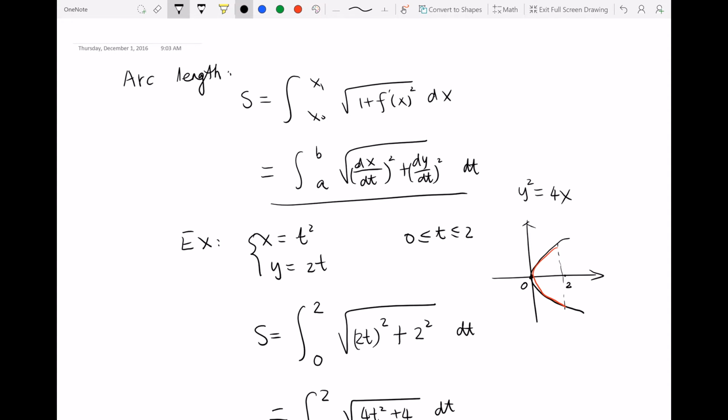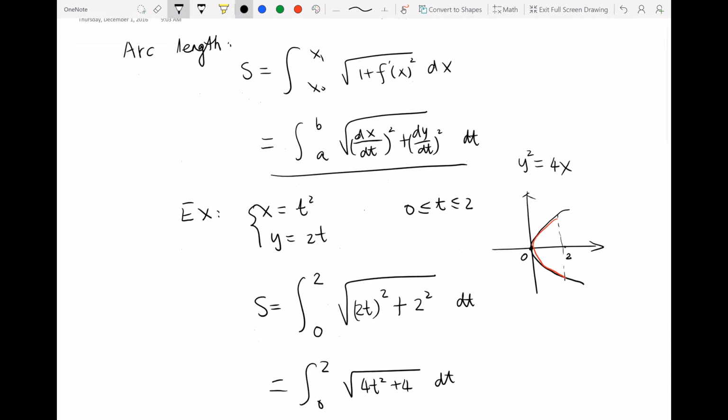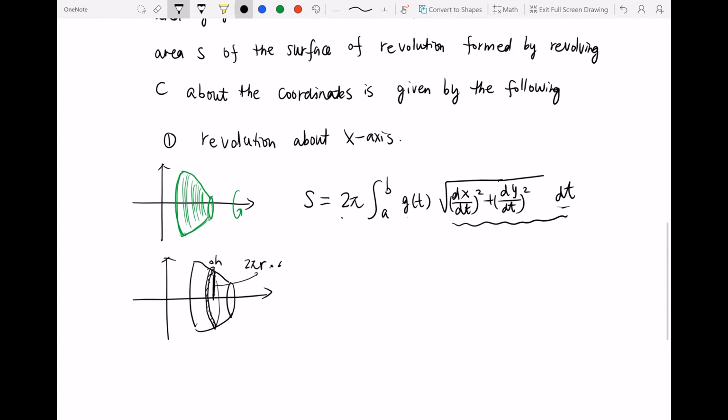So if you multiply the small change of that curve by 2 pi r, it is the surface area of this small piece. Then you take the antiderivative from a to b, so it's going to be the whole thing.